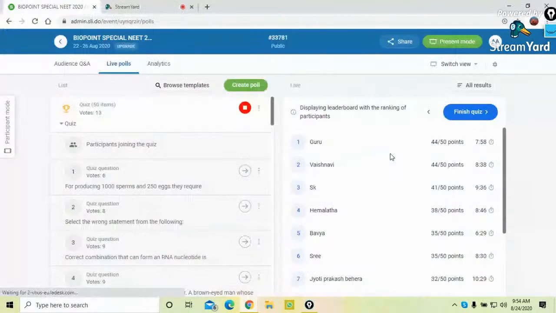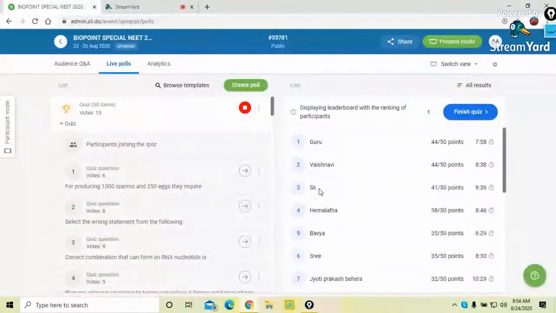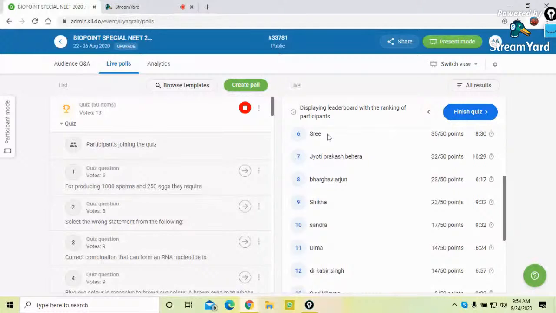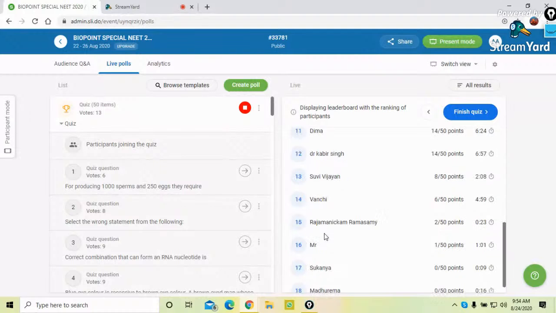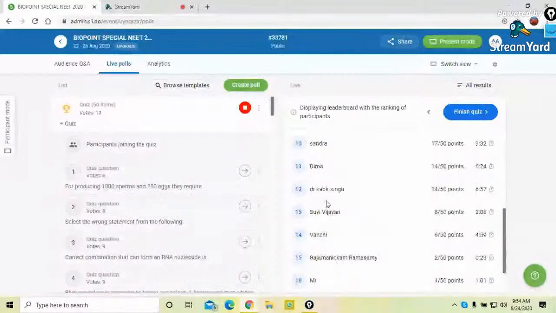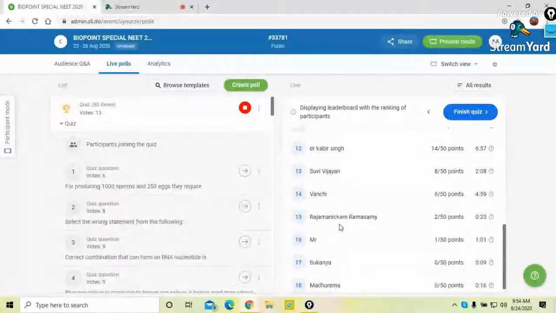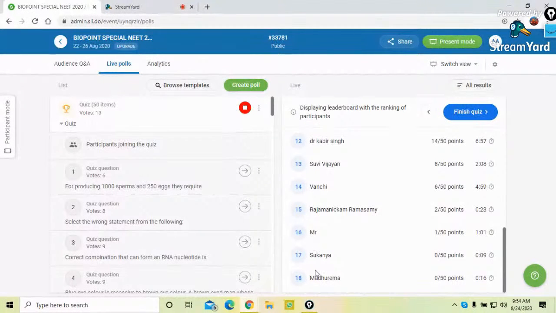Guru 44, Vaishnavi 44, SK, Hemalada, Bhavya, then Shri, Jyoti Prakash, Bhargav Arjun, Shikha Santra, Dr. Dima Divakaran, Dr. Kabir Singh, Subi Vijayan, Vanchi Rajamanikam Ramaswamy, Mr. Suganya Mathurama. I think these people have not played the quiz.